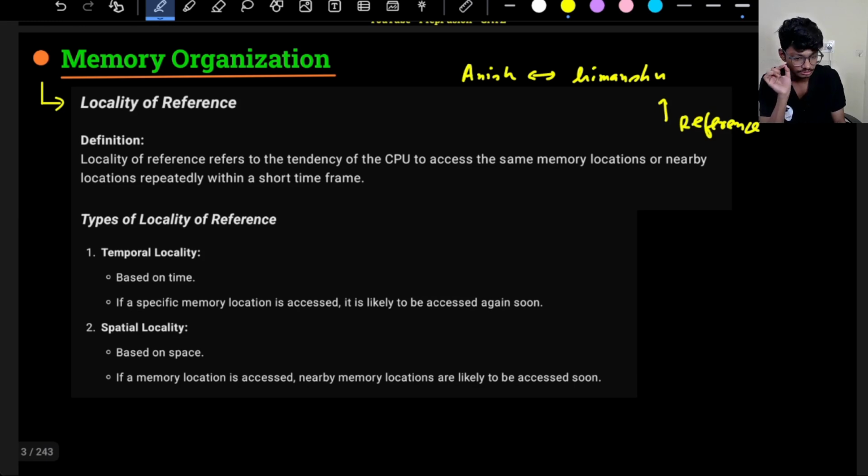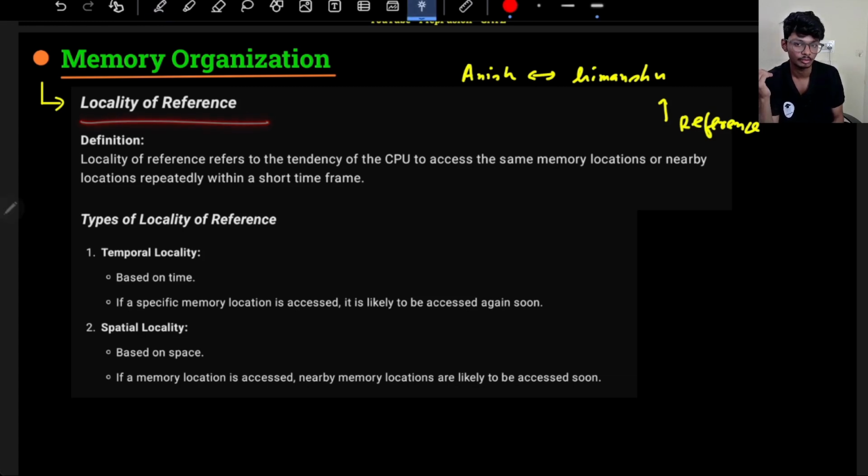Then that guy will definitely understand because he knows Himanshu. So he will say, okay, got it, you live near Himanshu. So something similar happens in computers as well. How does it happen? I will explain.